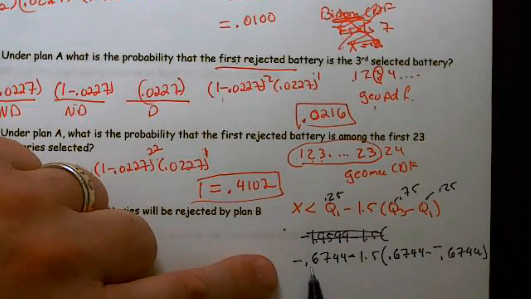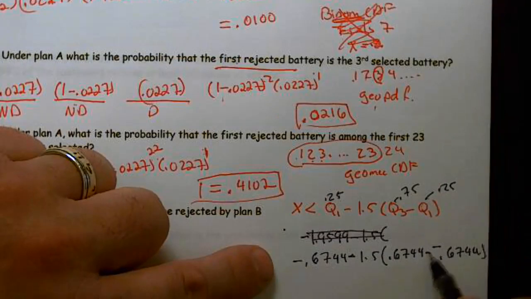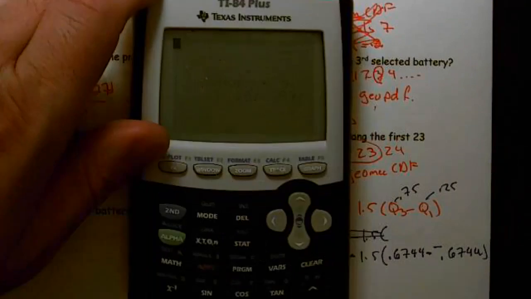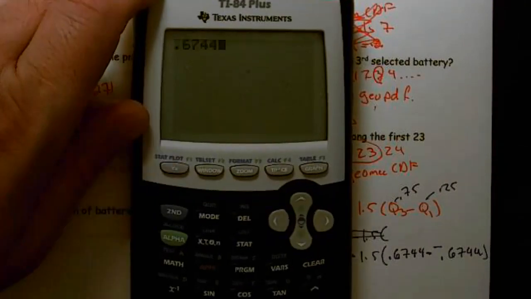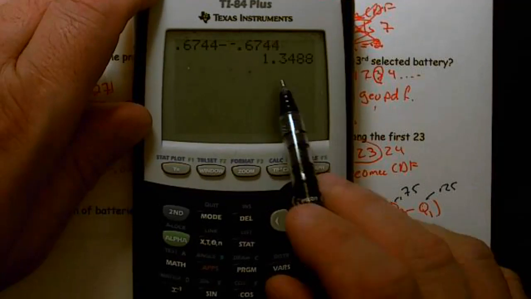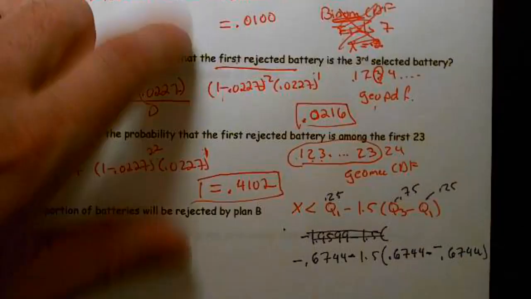So let's do a little bit of math here. Let's do this part inside the parenthesis. So we're going to have 0.6744 minus a negative 0.6744, and that equals a positive 1.3488.